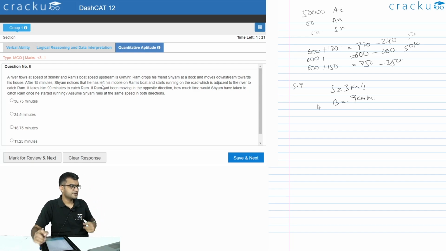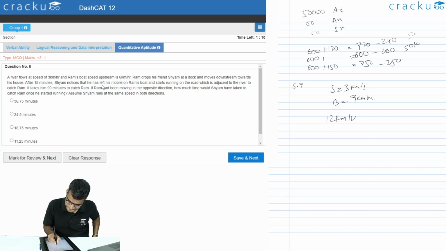Okay, it takes him 90 minutes. Okay. Wait a minute. Okay. I kind of understood. So he's going downstream at a speed of 12 kilometers per hour. So after 15 minutes, he is 3 kilometers away. To make up for this 3 kilometers, it has taken him 90 minutes. So 2 kilometers per hour. So his speed is 14 kilometers per hour.